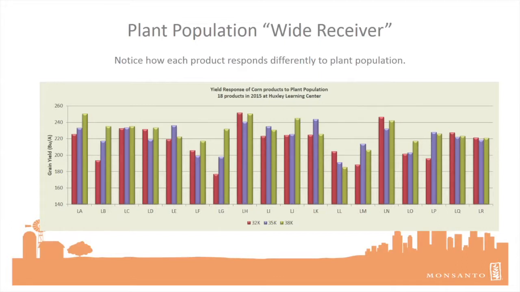The purple bars are 35,000 seeds per acre, whereas the green represents 38,000 seeds per acre. As you can see, every hybrid in this chart reacts much, much differently to population. So that's what makes this decision a little bit more difficult to understand based on the product that you choose.